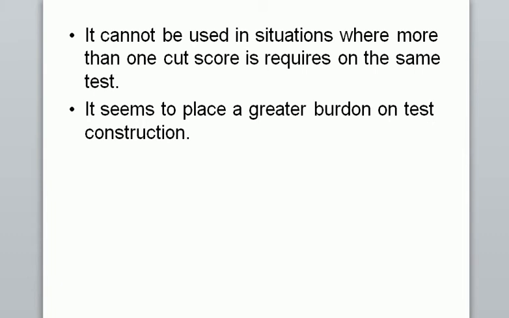So these were the problems with the Nedelsky method.